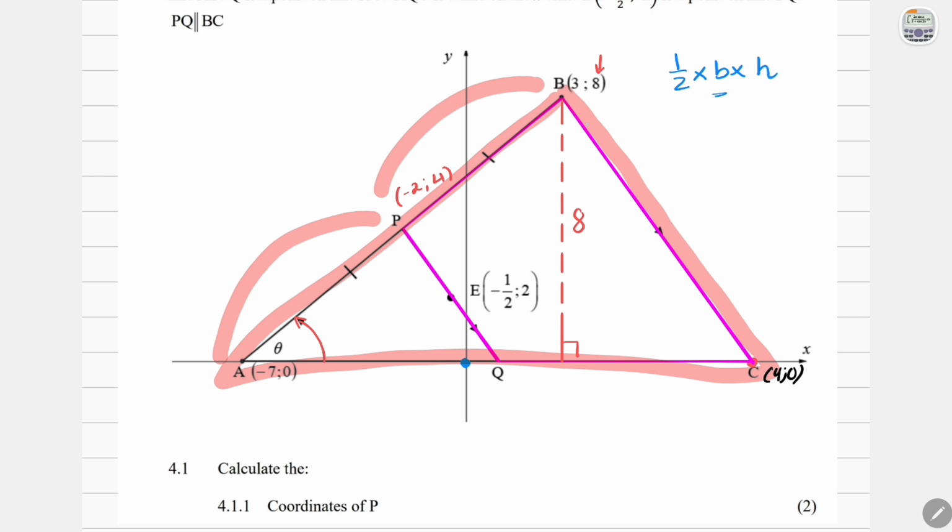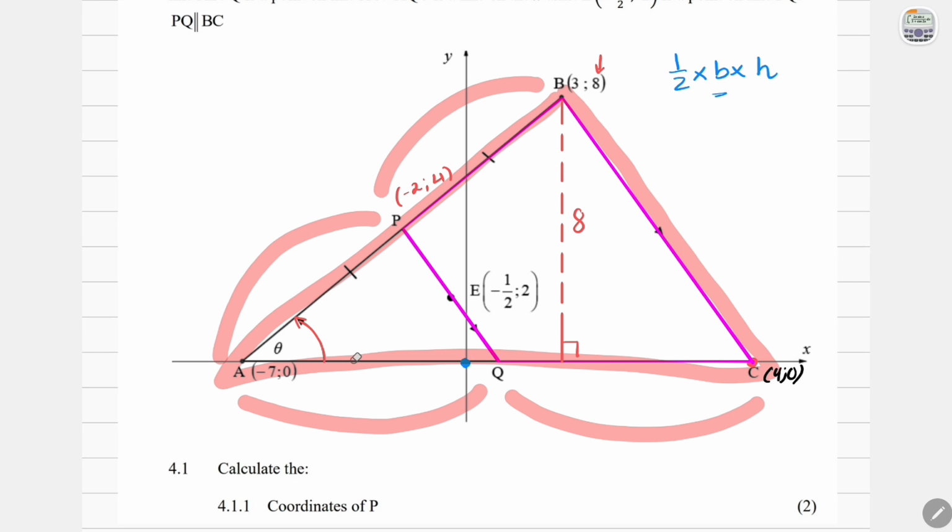And then these two lines are parallel: PQ is parallel to BC. That means we can use the converse of the midpoint theorem to conclude that AQ is equal to QC. And of course, that would mean that BC is twice the size of PQ. But we don't really need PQ, so it's still fine.